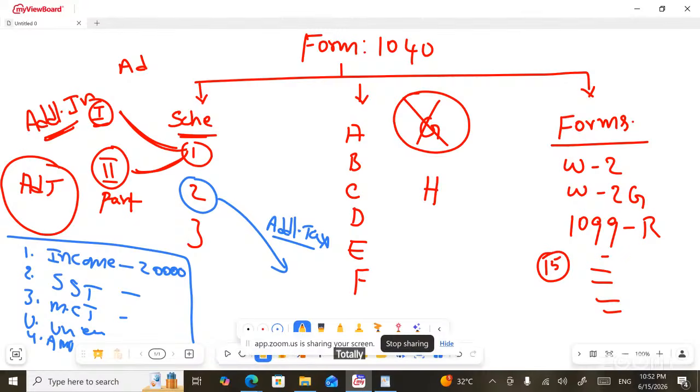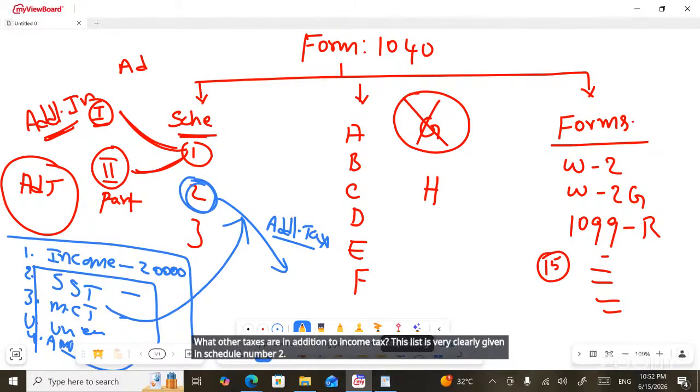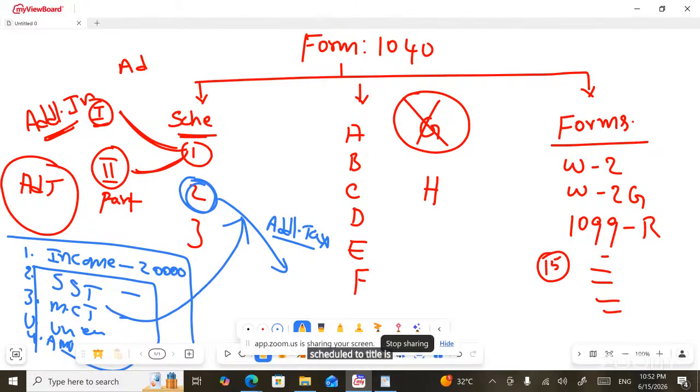Totally we have 8 to 10 types of additional taxes in addition to income tax. This will be covered clearly in a separate chapter out of 18. So what other taxes are there in addition to income tax? This list is very clearly given in schedule number 2. Schedule 2 title is other taxes or additional taxes.